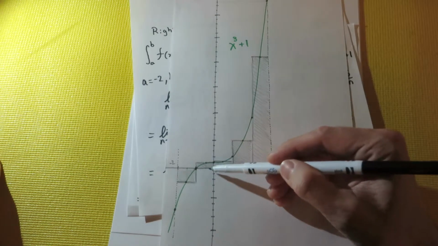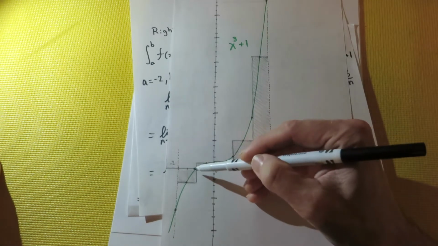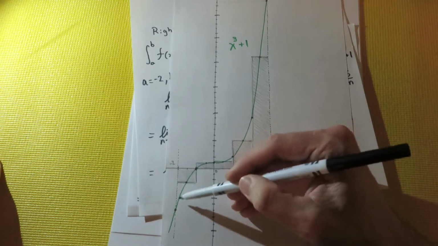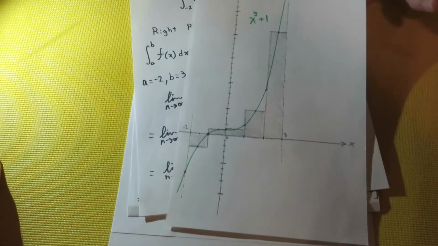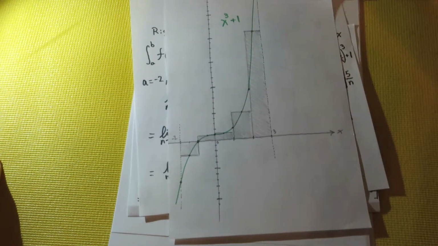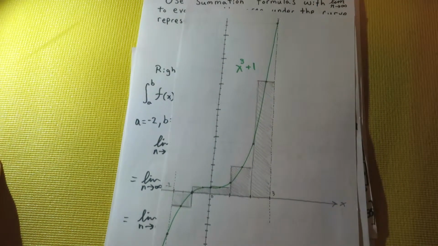So that would be this area right under here, all the way up to there, minus this area there, all the way down to there, below the x-axis. And we've shown that that equals exactly 21.25 units squared.